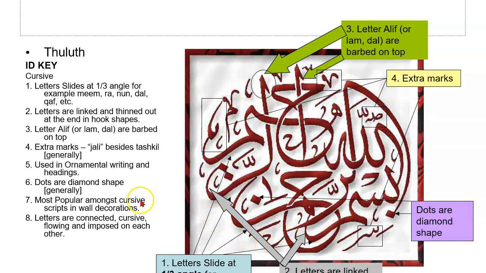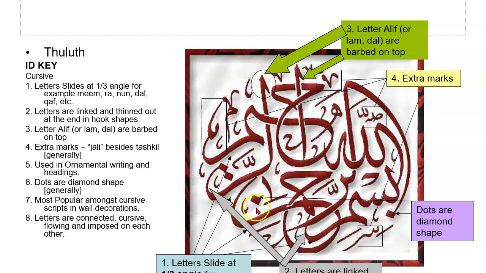So again, if you find a lot of ornamented jelly script, chances are this is it. This is sulus. Most popular amongst cursive scripts in wall decorations. That's the script that goes on wall decorations.